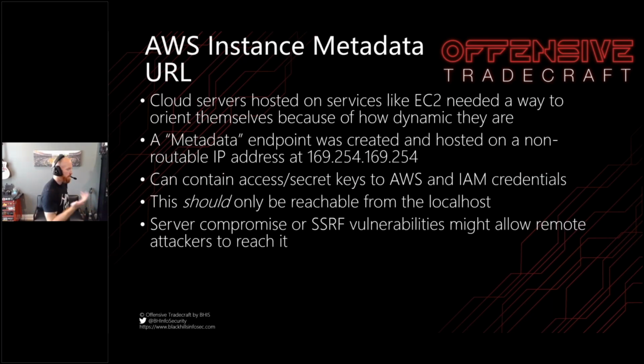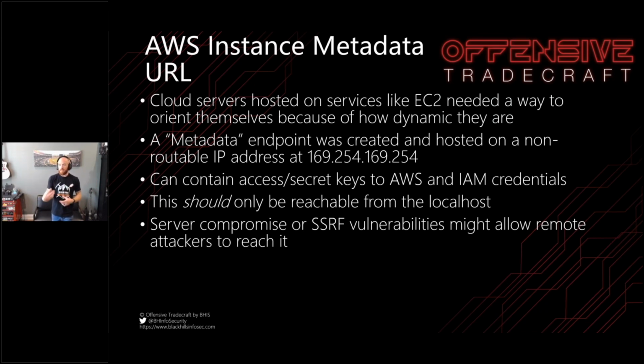Okay, this is a pretty big topic. The AWS Instance Metadata URL. I'm going to talk specifically about AWS, but what you need to understand is that all three services have their own metadata URL. Now, what this is: every single time you spin up a VM or an instance in EC2, they have to have a way to orient themselves in terms of IAM permissions and roles.